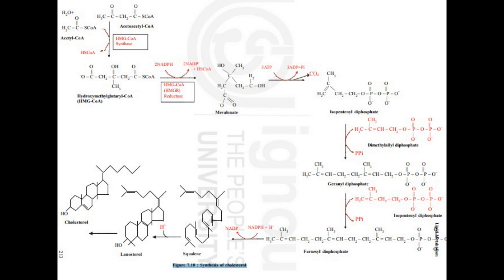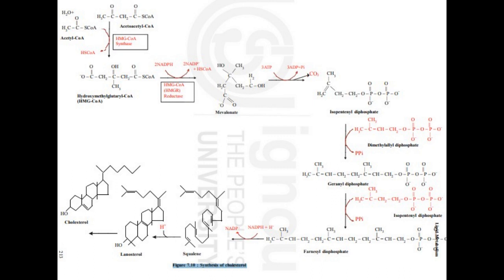Mevalonate is then activated by 3 successive phosphorylations, yielding 5-pyrophosphomevalonate. In addition to activating mevalonate, the phosphorylations maintain its solubility, since otherwise it is insoluble in water. After phosphorylation, an ATP-dependent decarboxylation yields isopentenyl diphosphate, IDP, an activated isoprenoid molecule.